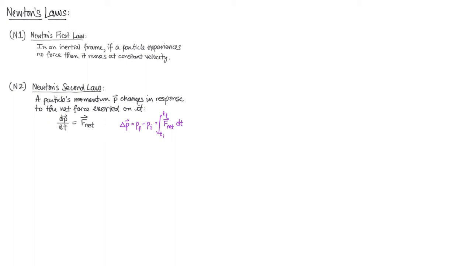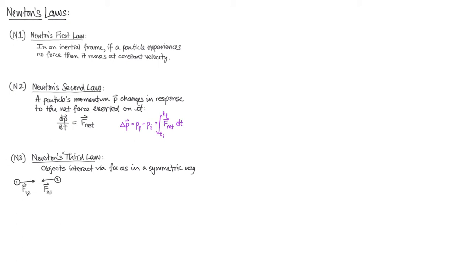But first, we'll close out the trio and talk about Newton's third law. Newton's third law is maybe a little more subtle than it sounds, but its basic content is that objects interact via forces in a symmetric way, meaning that if one object exerts a force on another, there's a corresponding force. So let's see.